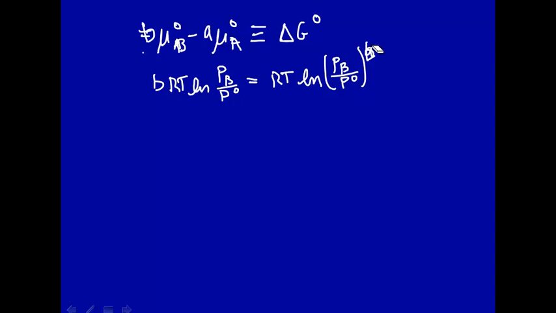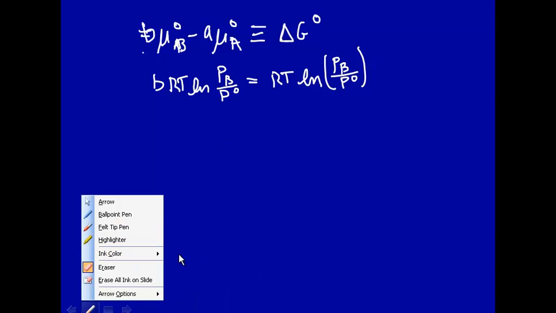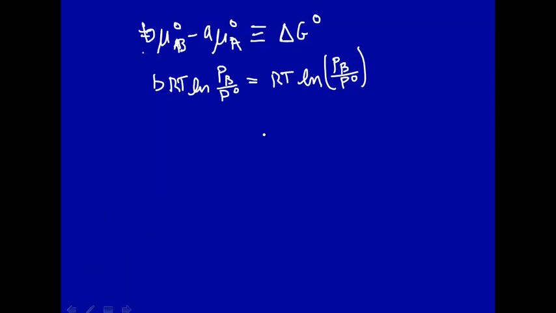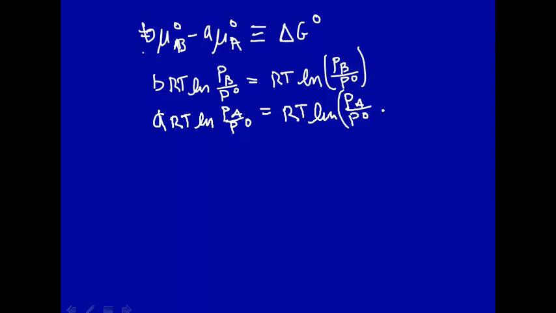And we can write the same thing for A RT natural log of the pressure of A over the standard state pressure. That'll be RT times the natural log of the pressure of A over the standard state pressure raised to the A power.